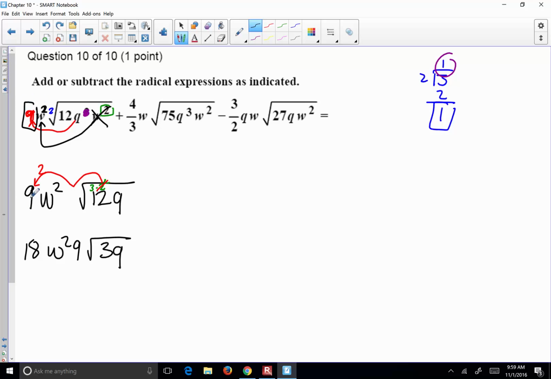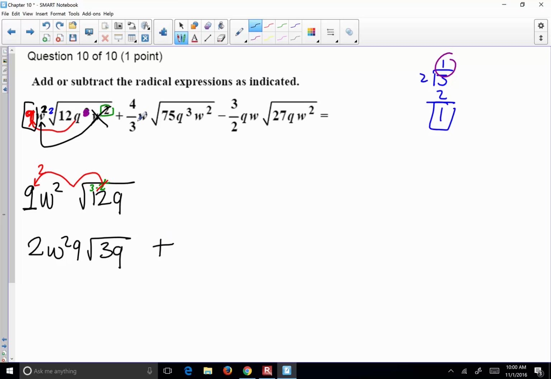This is not 9. This is q. So 2 is not joining anybody. Yeah, I hate when they use q because my 9 and q look the same. So this is just 2 done. 2 and q. So it is 2 w squared q, 3q.